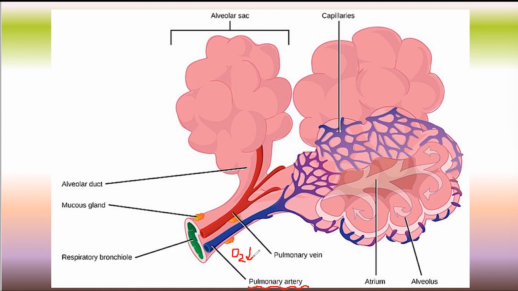Most arteries carry oxygen-rich blood, but the pulmonary artery is an exception. The pulmonary artery carries low oxygen blood. Then it goes to the capillaries in the alveoli area.